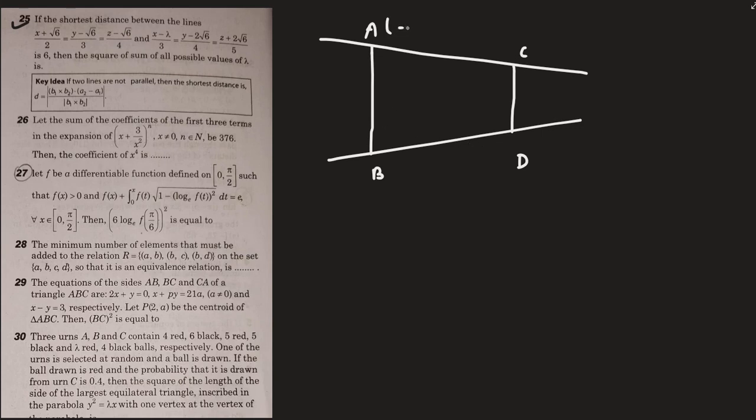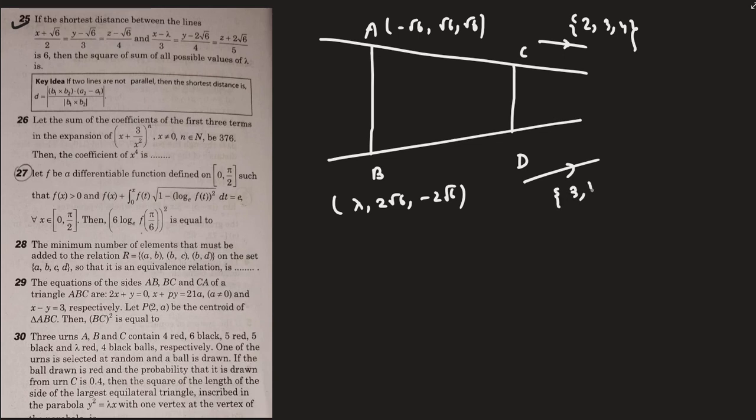So this point A is nothing but minus root 6 and root 6. B point is lambda, 2 root 6 and minus 2 root 6. Now your first line travels along the vector 2, 3, 4. This line moves along the vector 3, 4, 5. What you have to do is take the cross product of these and take the projection of AB on this line. Suppose this direction is the B1 vector, this direction is the B2 vector.